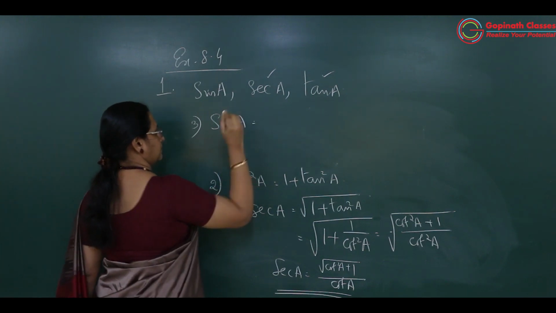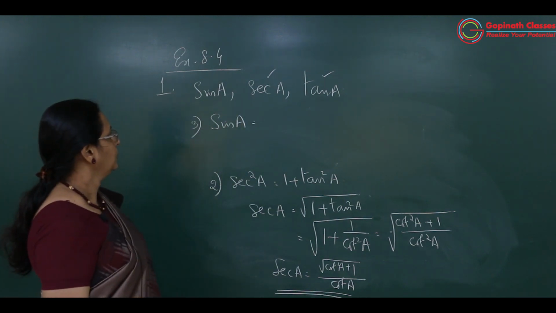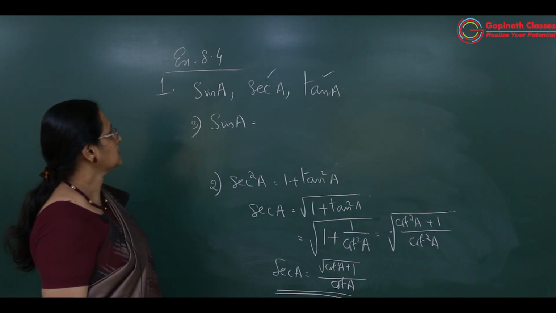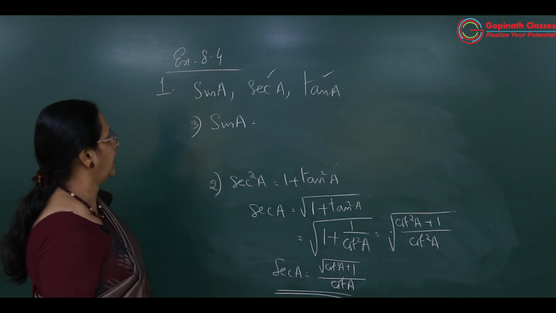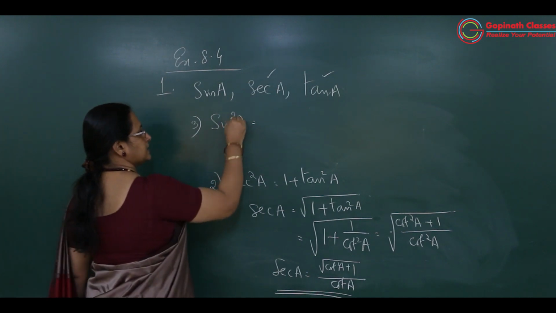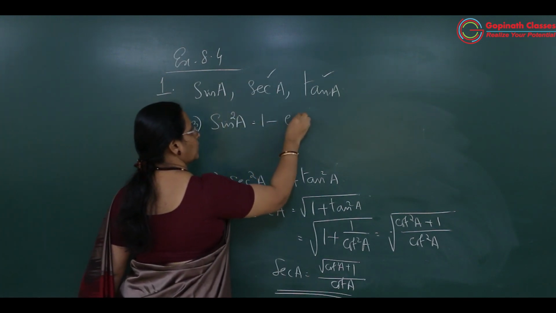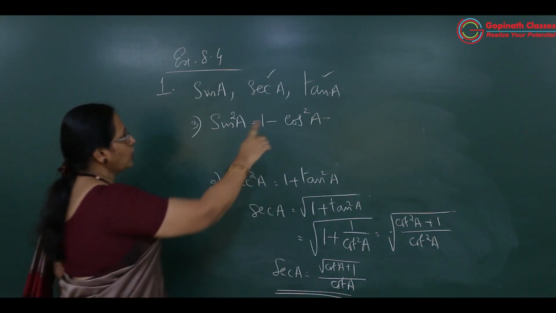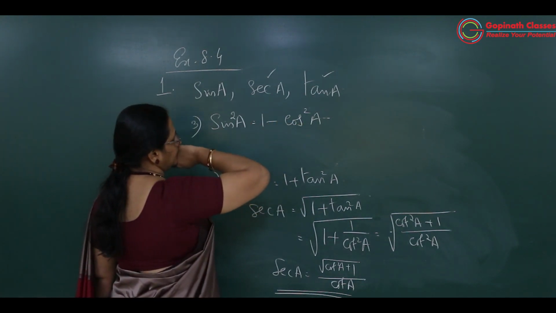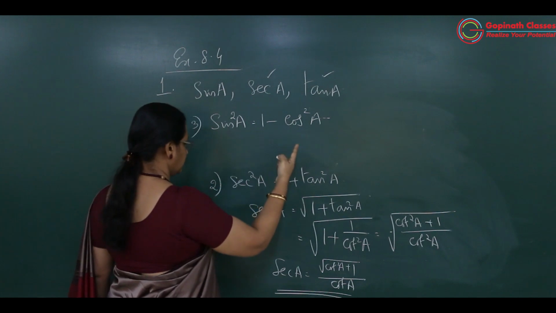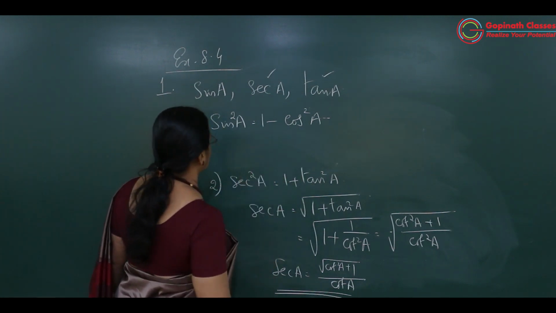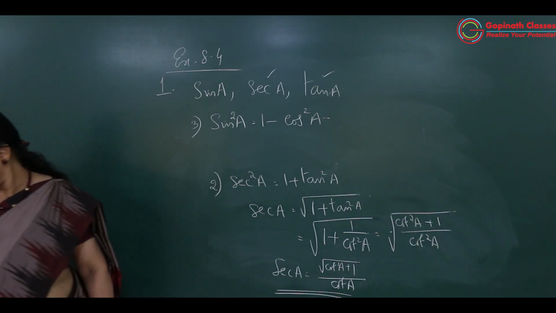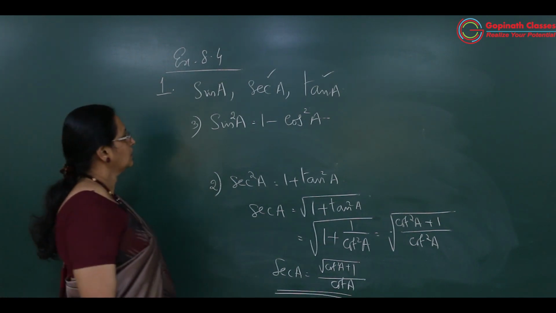Sin A. Okay, you know that sin square A is 1 minus cos square A. We have learned the first identity. Now we have to write in terms of cot. Sin has to be written in terms of cot.